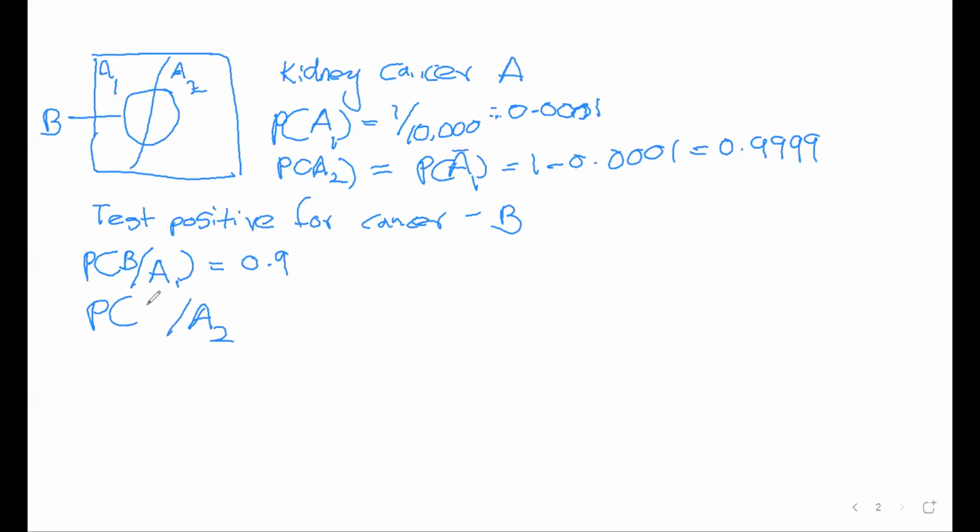That is the complement of B. We took test positive for cancer as B, but it's given here that if a person does not have cancer, the test correctly indicates so, meaning a negative result comes from the test. So that conditional probability is equal to 99.9%, that is 0.999.